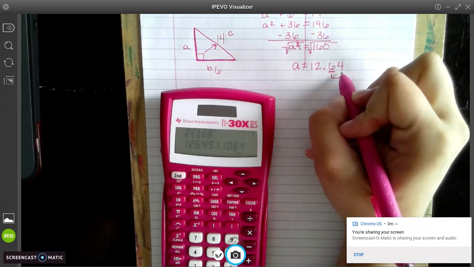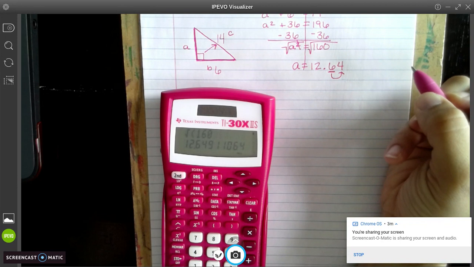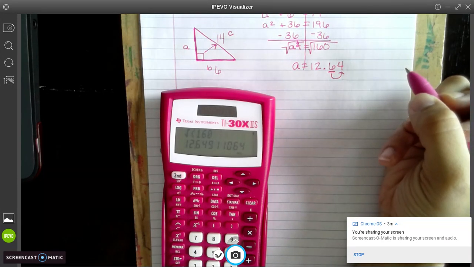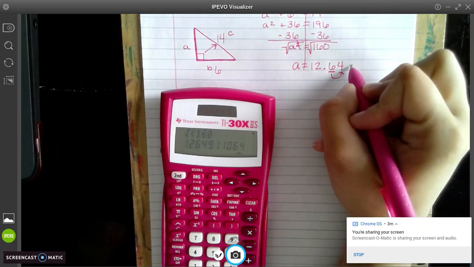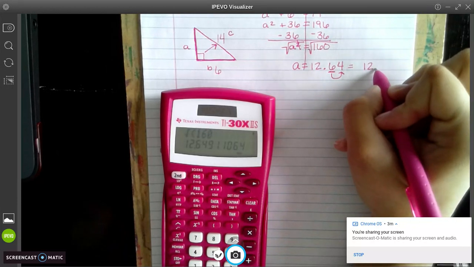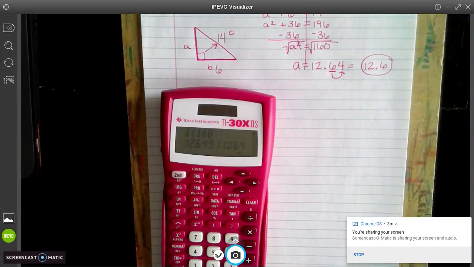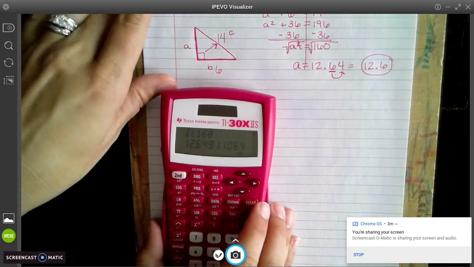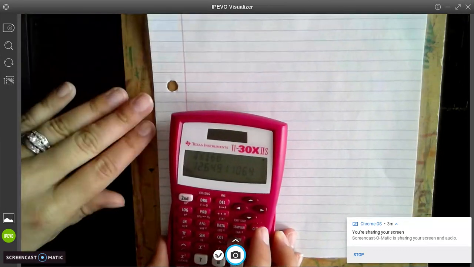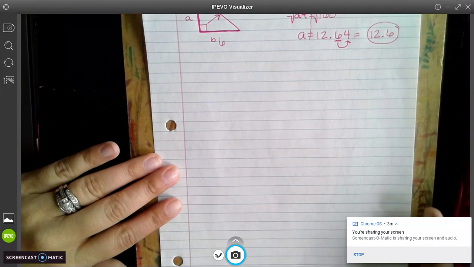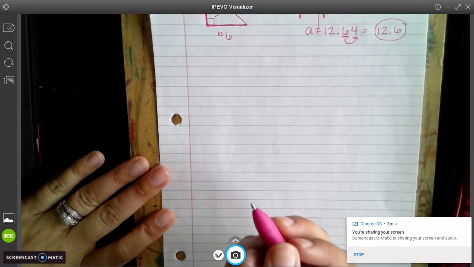I have to look at the 4 to tell me what to do to the 6. Since 4 tells me to keep that 6 the same, my final answer is 12.6. If you need to, that rounding video is still linked. You can go back and watch it if you need more help on rounding to the tenths.